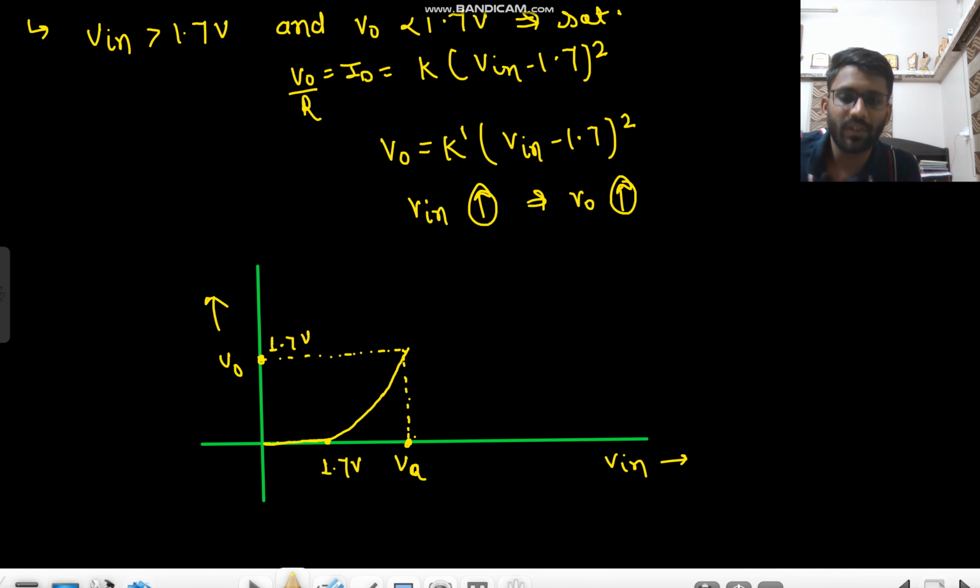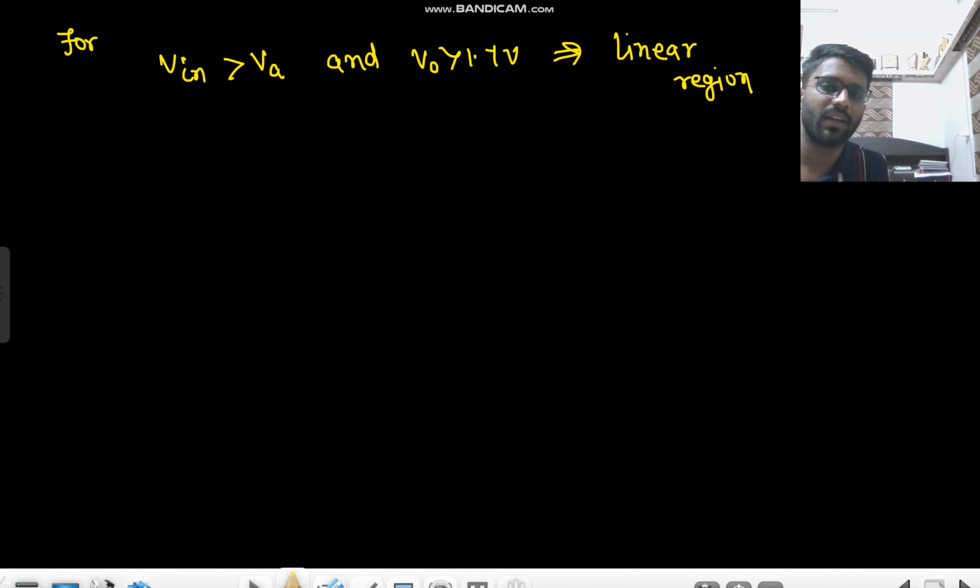Okay, so if we draw the curve for the saturation region like this, then we saw that at some V in potential, V naught goes above 1.7 volt. So after V in is greater than VA, this is VA, and V naught is greater than 1.7 volt, we go to the linear region. In the linear region, what will be the current?